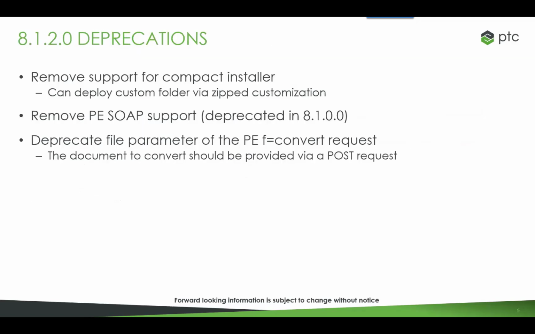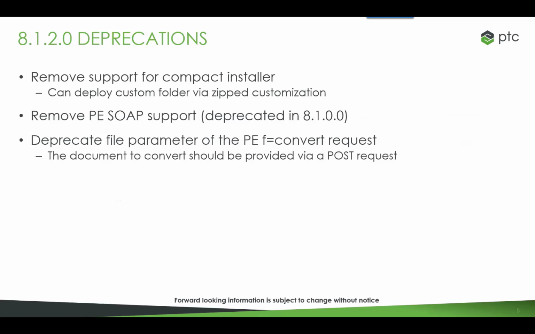Now, as has happened in previous releases, there are some areas that we're deprecating with this upcoming release. One is that we are going to remove support for the compact installer.